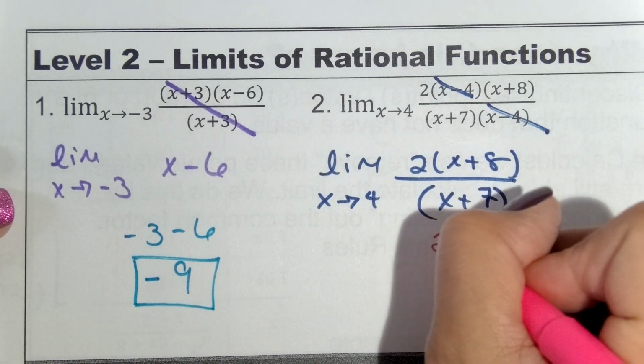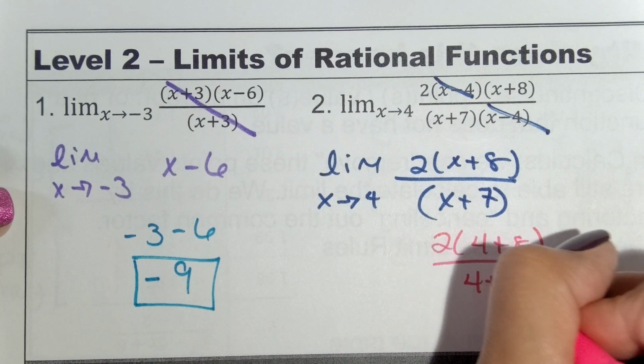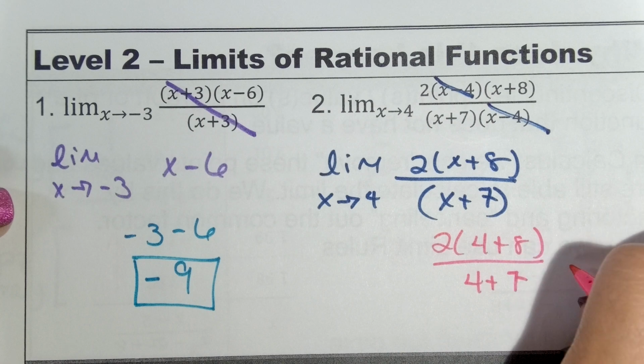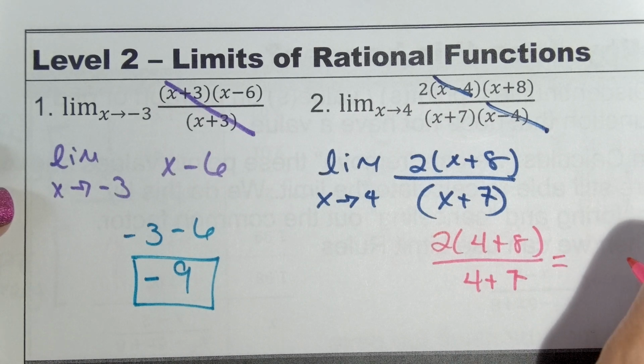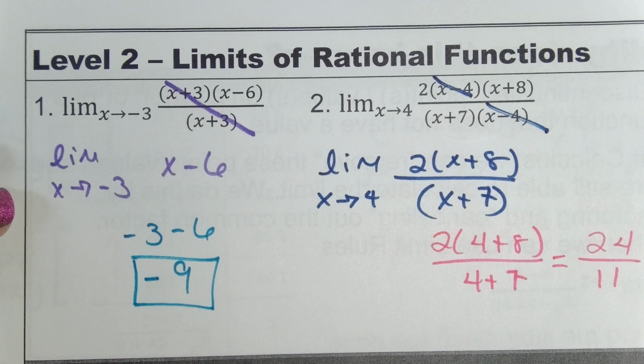Substitute in the 4. So we have 2 times 4 plus 8 over 4 plus 7. Wait, did I do it right? So we have 24 over 11, right?